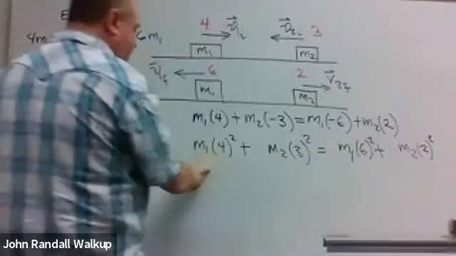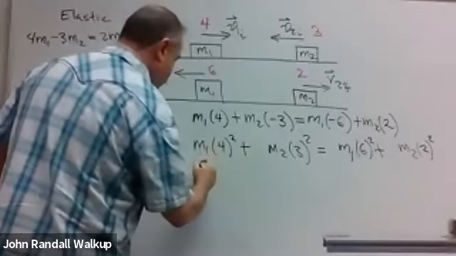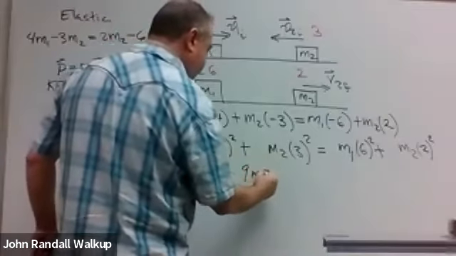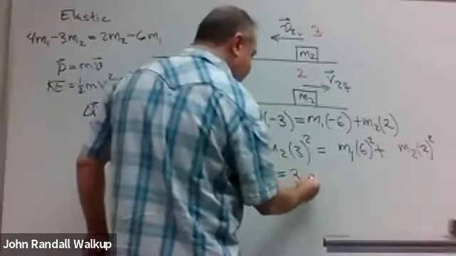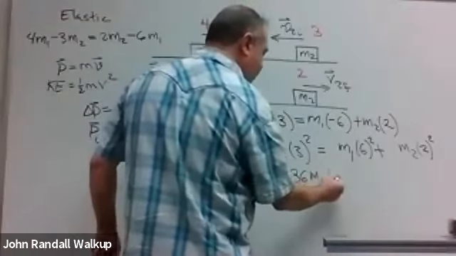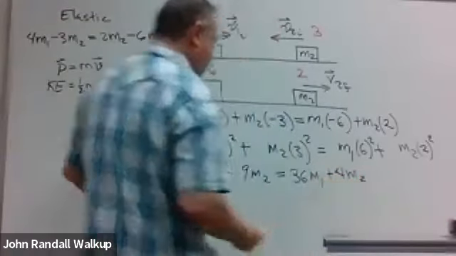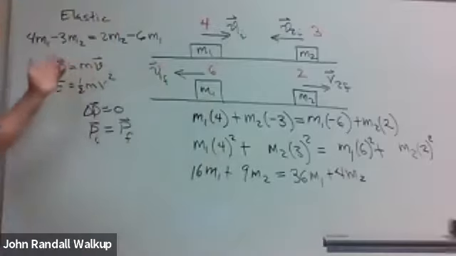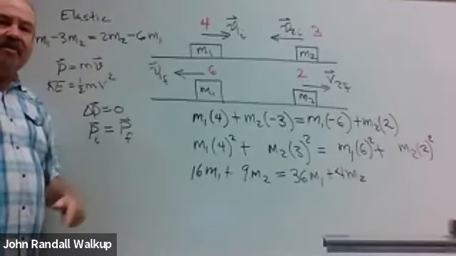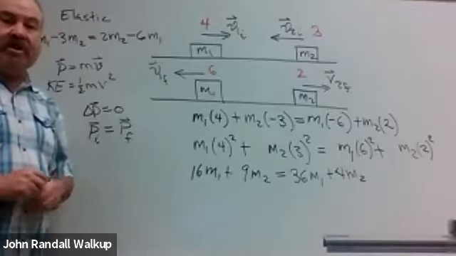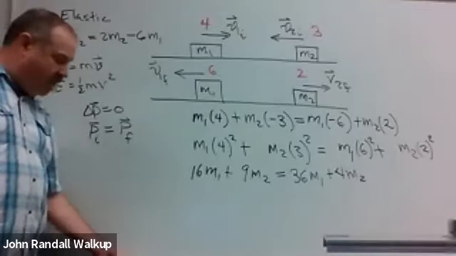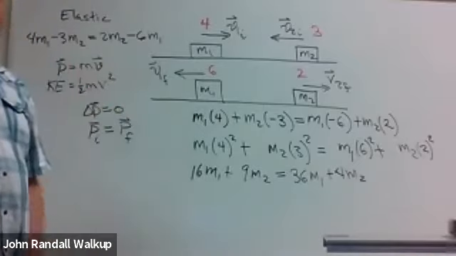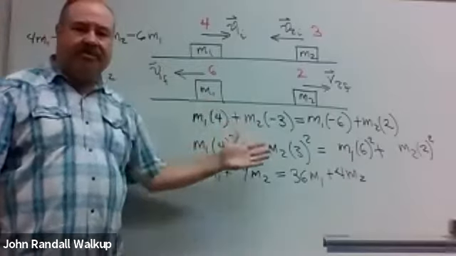I could write this as 16m1 plus 9m2 is equal to 36m1 plus 4m2. And I end up with 2 equations and 2 unknowns. I will leave you to solve that on your end. Remember, the ability to solve simultaneous equations is a prerequisite for this course. So there are plenty of online tutorials that can show you how to do this. So anyway, this is the elastic collision.